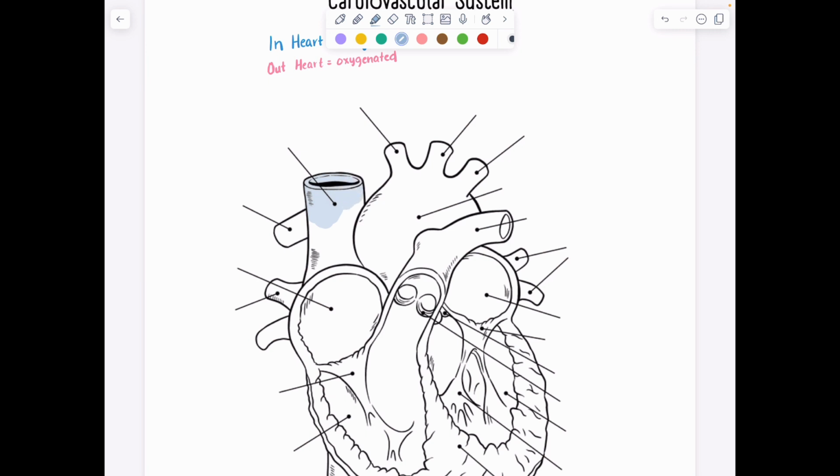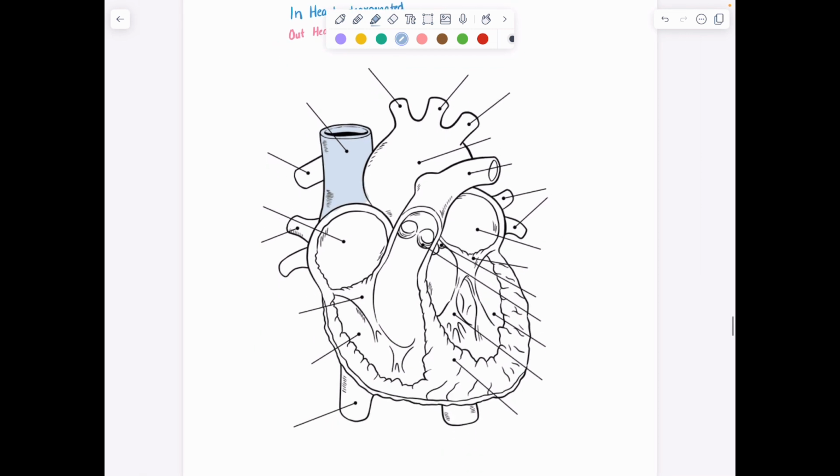Right here, this is my superior vena cava, and down here, this is my inferior vena cava. You can abbreviate them SVC and IVC. So blood is coming in there.